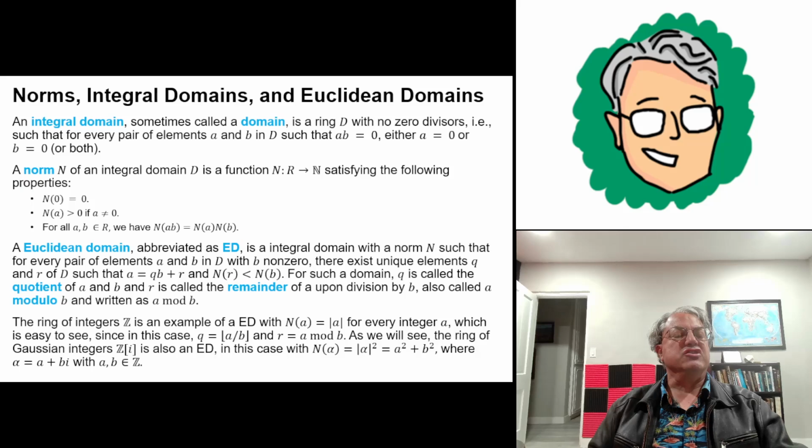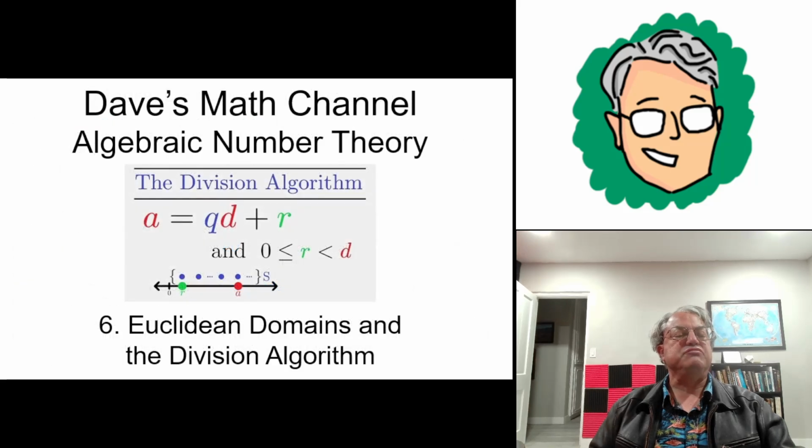R is always non-negative, and R is always less than the absolute value of B, or the norm of B. So the norm of R, which is just the absolute value of R, is strictly less than the norm of B. And I think you can kind of see this in this picture.